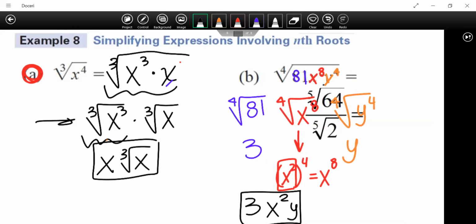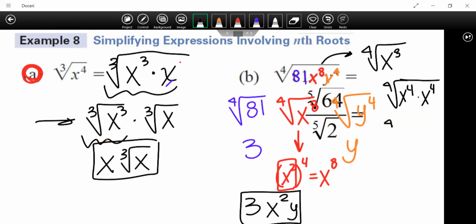You could do that. Essentially what you're saying here is we can have done the fourth root x to the 8th here, right? And then separate that into what? X to the 4th, right? So x to the 4th, and then we'd have to do something like that. And then what would happen here is we'd separate them. It's just more cumbersome.